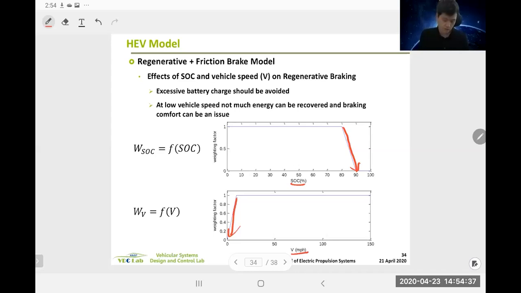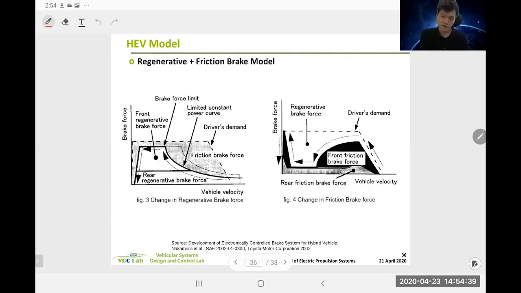And this is a very nice figure that summarizes how motor power and friction brake should be blended to maximize energy regen. For example, X is vehicle speed and Y is brake force.